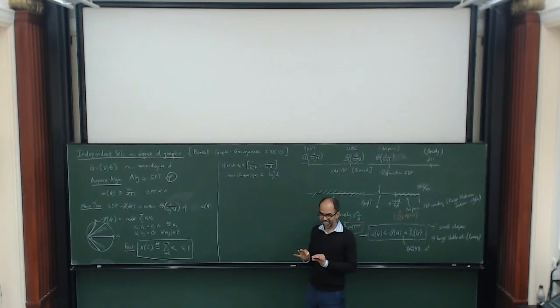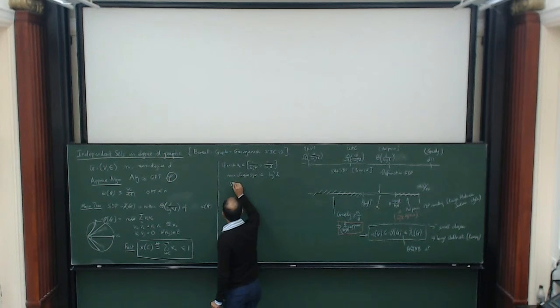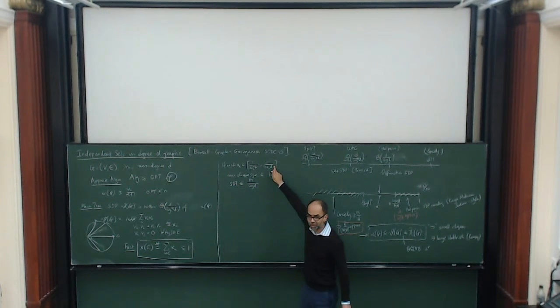Right? This graph can't have too large a clique. What is the SDP value? The SDP value is at most n over log d. Each vertex can give me 1 over log d. Right?